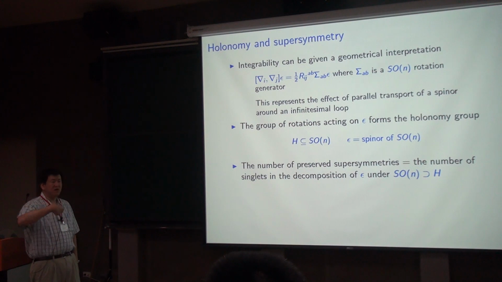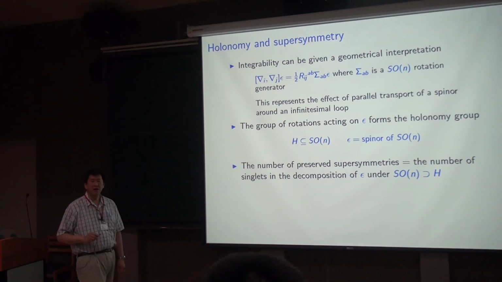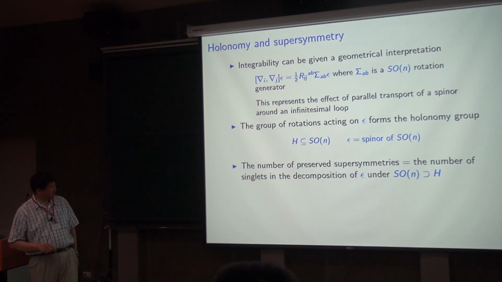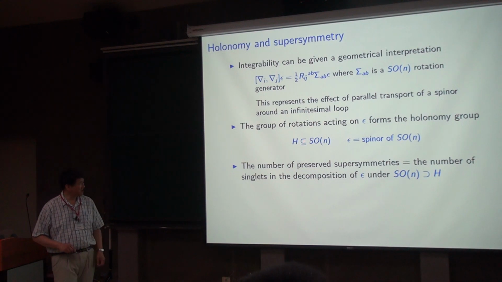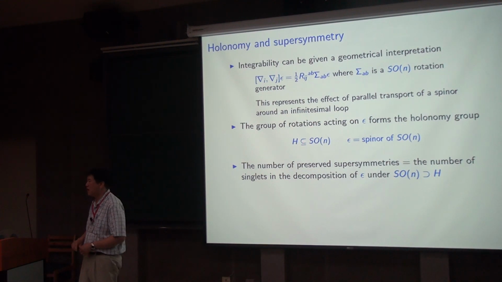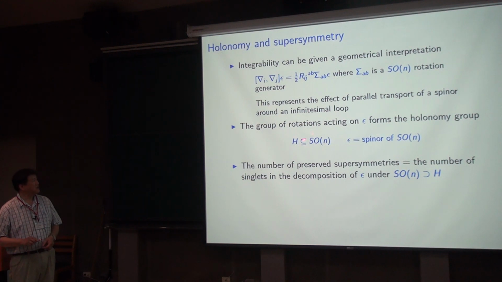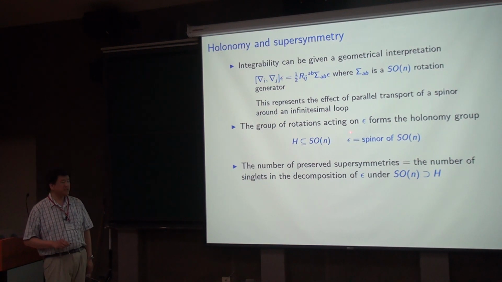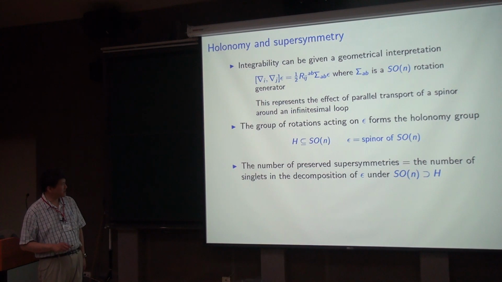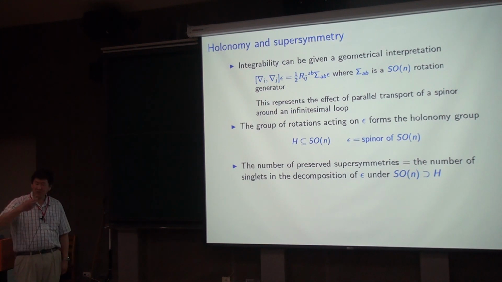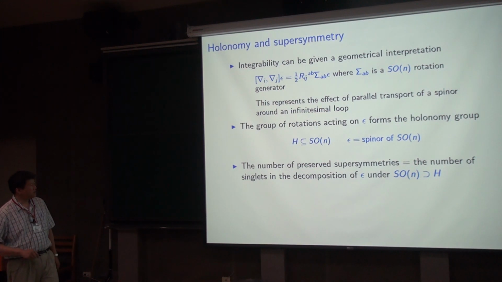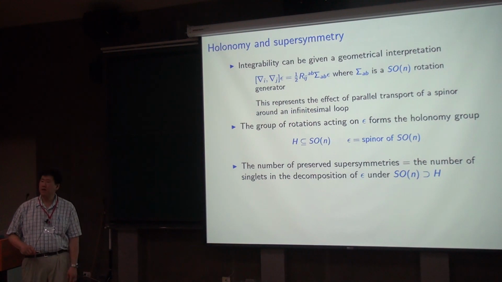And the group of actions under these parallel transports in a circle is known as the holonomy group. And for an n-dimensional manifold, the general structure group is SO(n) in the tangent space. And so the holonomy, how much it can rotate, should be a subgroup of SO(n).